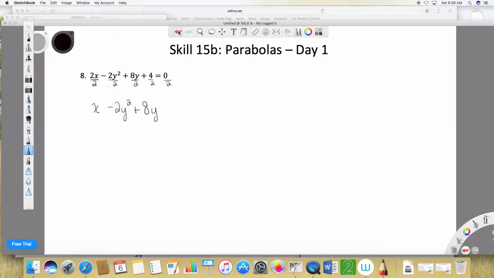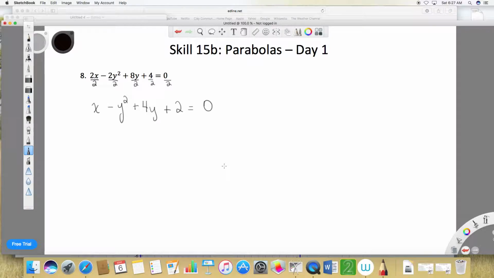No, not plus 8y, and not 2y squared. All right, I forgot to divide by 2. Minus y squared plus 4y plus 2 equals 0. So I'm sure that people were yelling at the screen telling me to divide by 2.